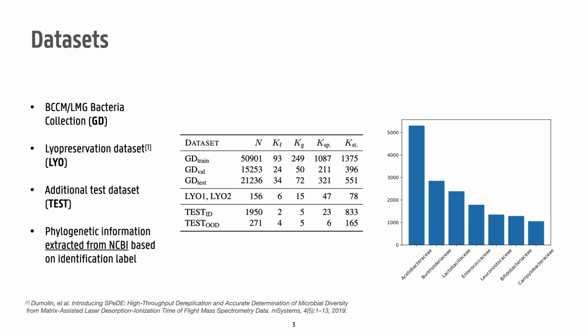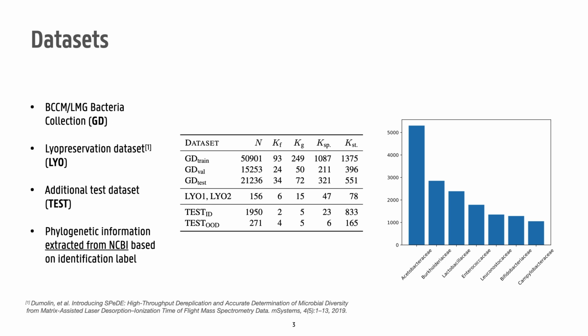We use three different data sets containing labeled MALDI-TOF mass spectrometry data of different bacterial species. The BCCM LMG bacteria collection is a historical database that contains samples for more than 2,400 taxonomic reference strains, representing more than 1,000 bacterial species cultured and analyzed in the last decade by researchers in the Laboratory of Microbiology at Ghent University.